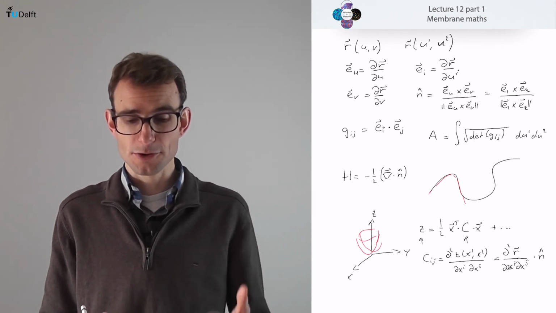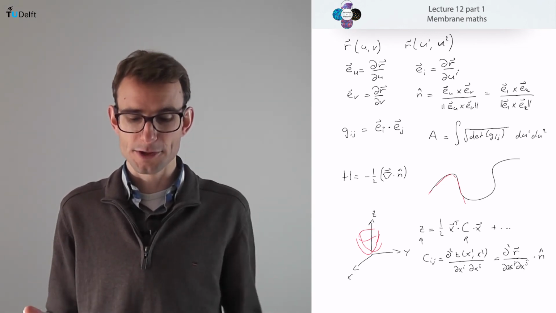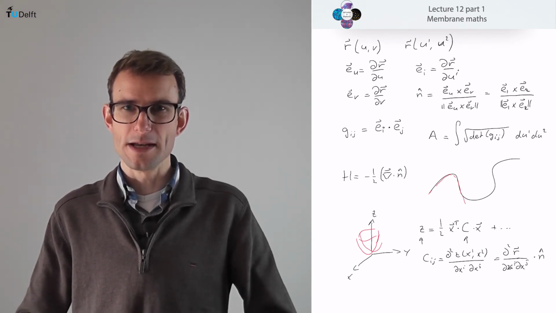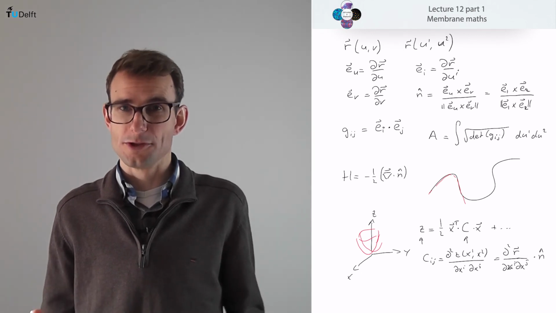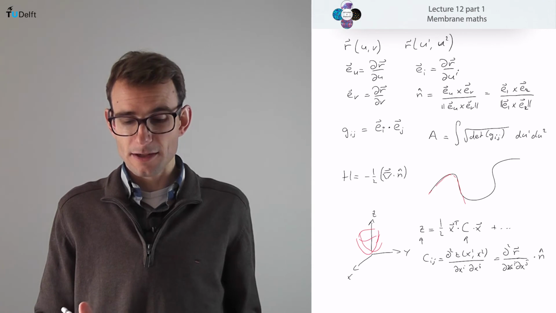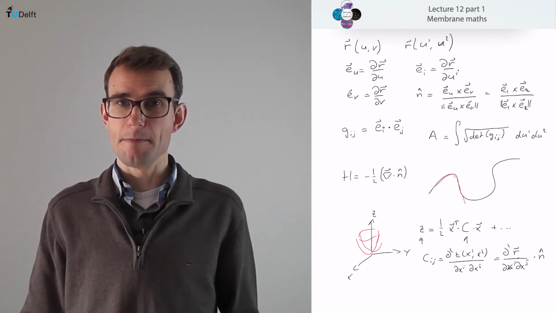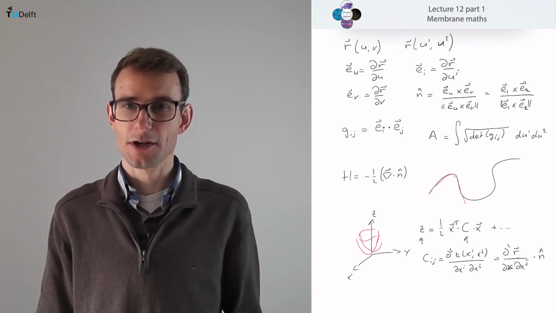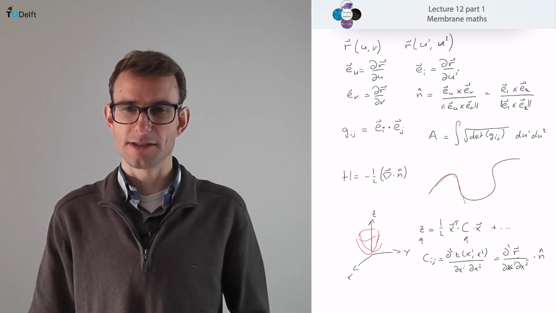If we would have chosen u and v to lie along the principal directions, then the curvature matrix and also the metric tensor would be diagonal. And what we get is just two curvatures for the two directions. Now, the quantity that we want to work with, this H, is going to be the mean curvature. That's simply the average of these two eigenvalues, or half the trace of this curvature tensor.